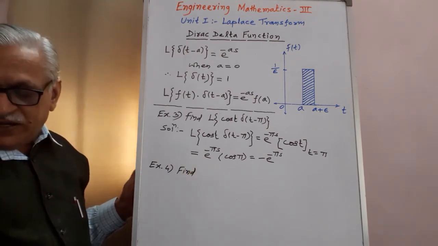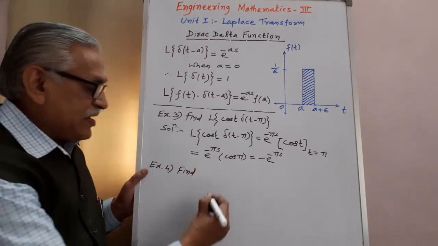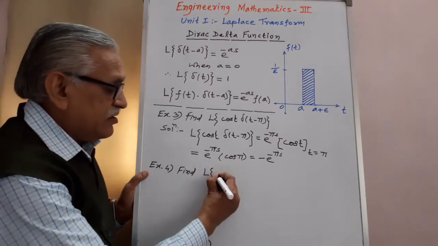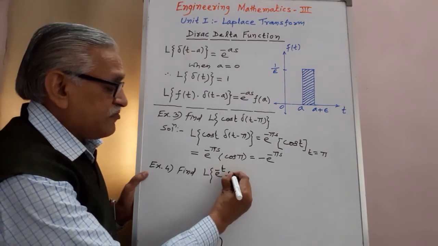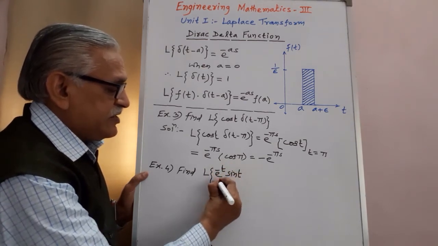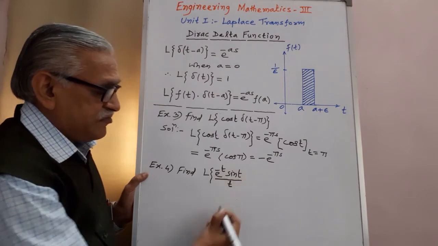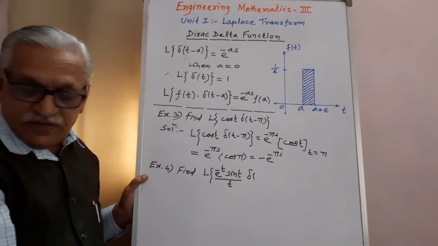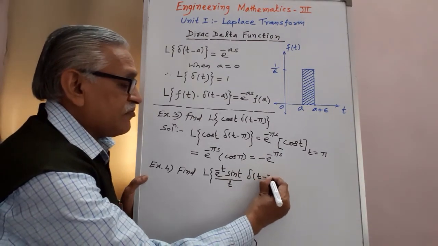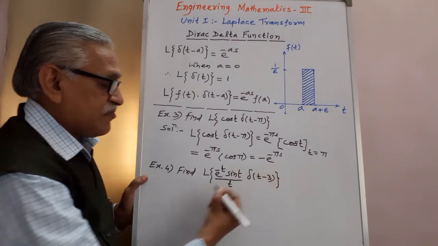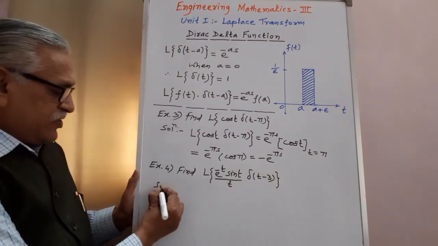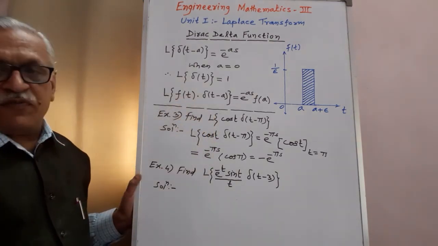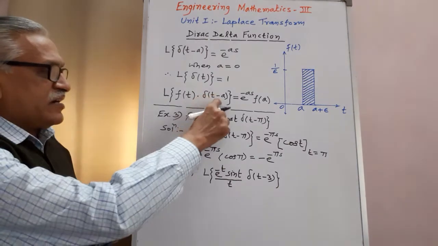Next example, find the Laplace transform of e raised to minus t sin t by t into delta of t minus 3. And therefore, once again, the problem is of this type, Laplace of f of t multiplied by the Dirac-Delta function.